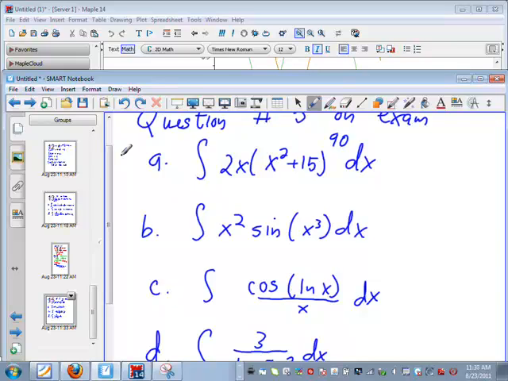And it is. 2x is the derivative of x squared plus 15. Reversing the substitution rule, this is u, and that's u prime. This is u, and that's du. So let u equal x squared plus 15. du is 2x. This is u to the 90th. 1 over 91 times x squared plus 15 to the 91st plus a constant.